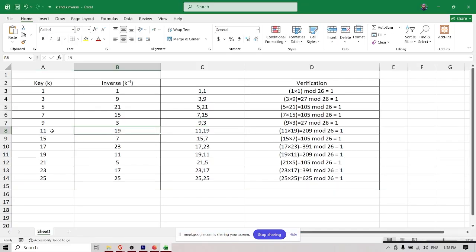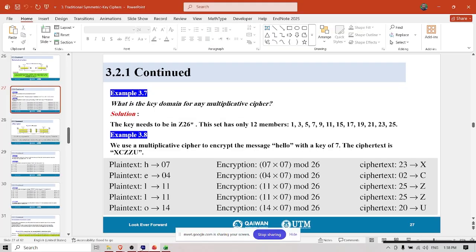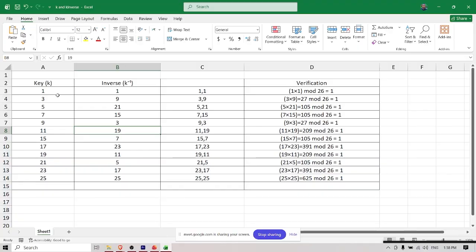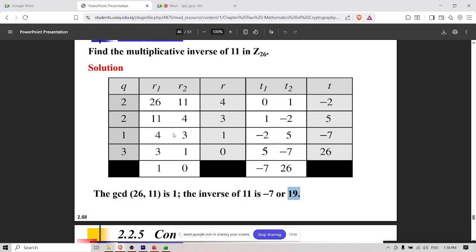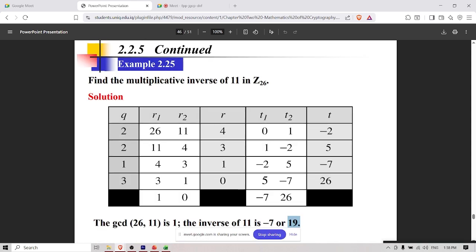So this is like a cheat sheet. It does not explain how the key's inverse became 19. It is only a cheat sheet that tells you that this number's inverse is this. Now, if you want to understand how the 11 became 19, you should watch this 2 to 5 and study it, or watch the video that I have uploaded already.